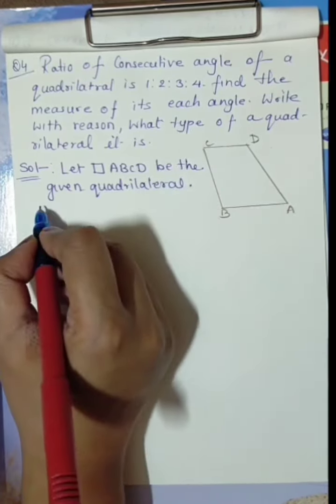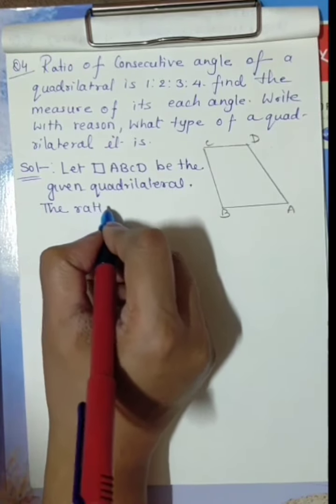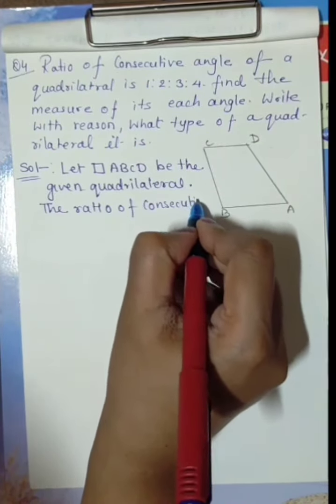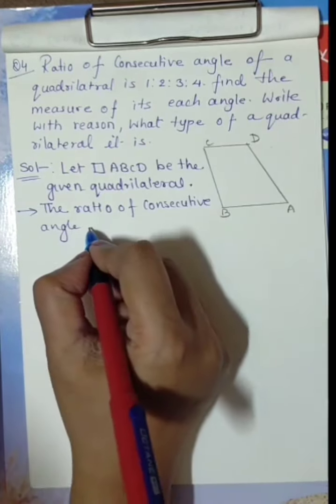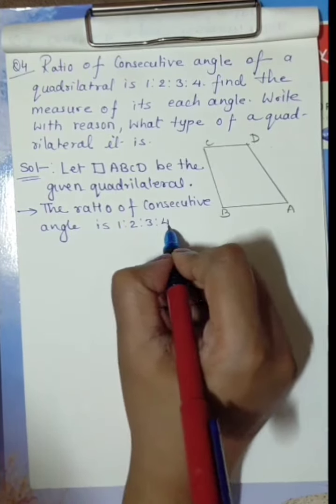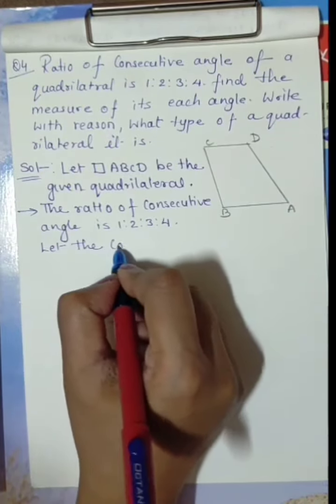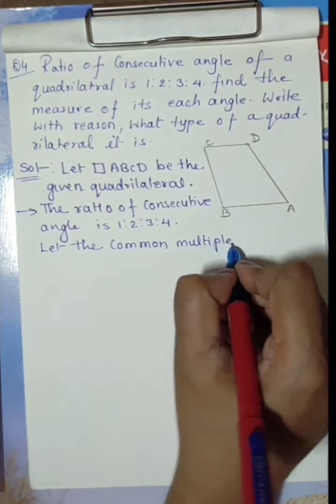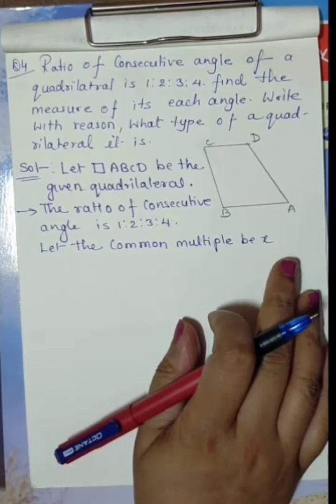And the ratio of consecutive angles, what is given? 1:2, 2:3 and 3:4. Okay, it is given. So let the common multiple be x. We are going to take the common multiple as x.